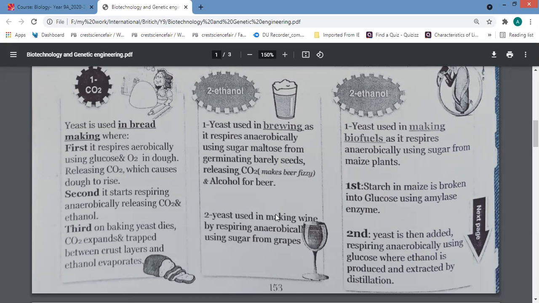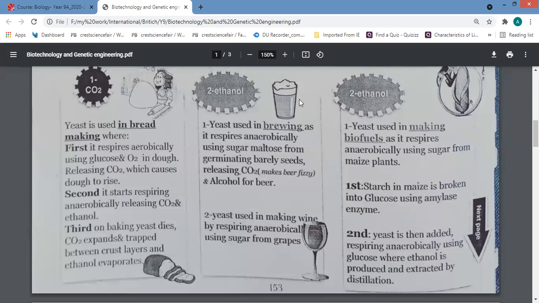In case of making wine, the yeast fungus respires anaerobically, but it depends on the glucose or other type of sugar in grapes.